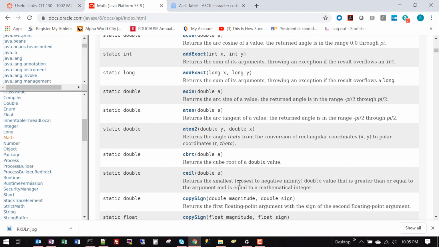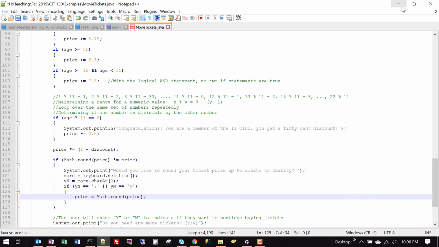Returns the smallest, closest to negative infinity, just meaning lower bound, double value that is greater than or equal to the number passed in and is equal to a mathematical integer. All that means is round up.